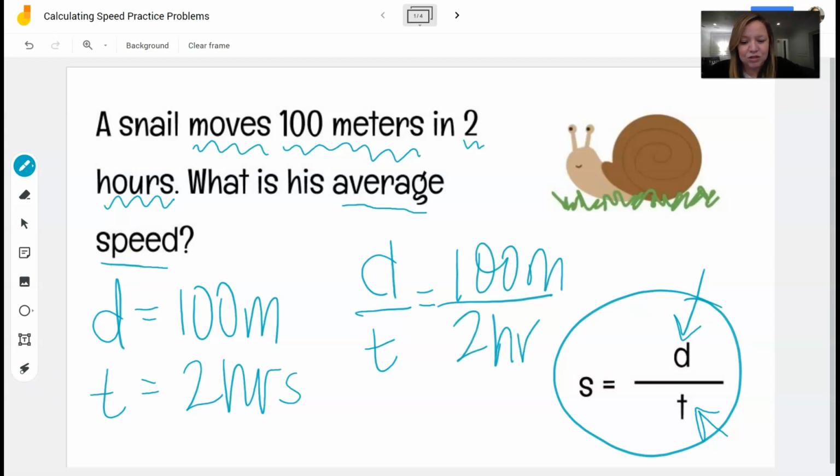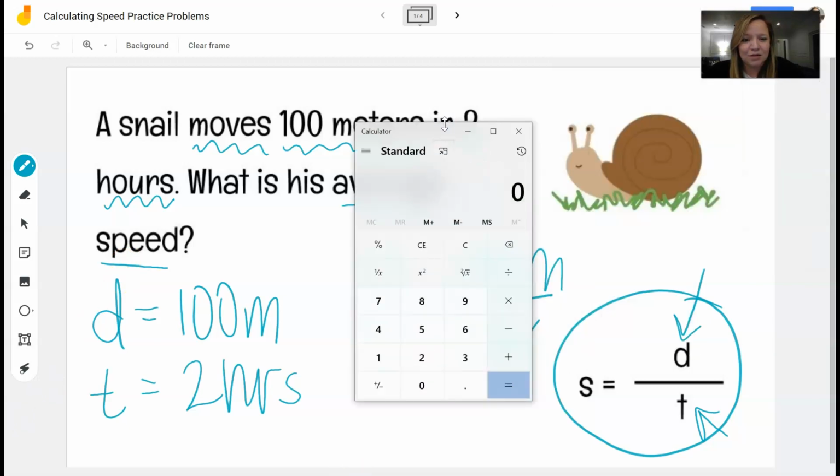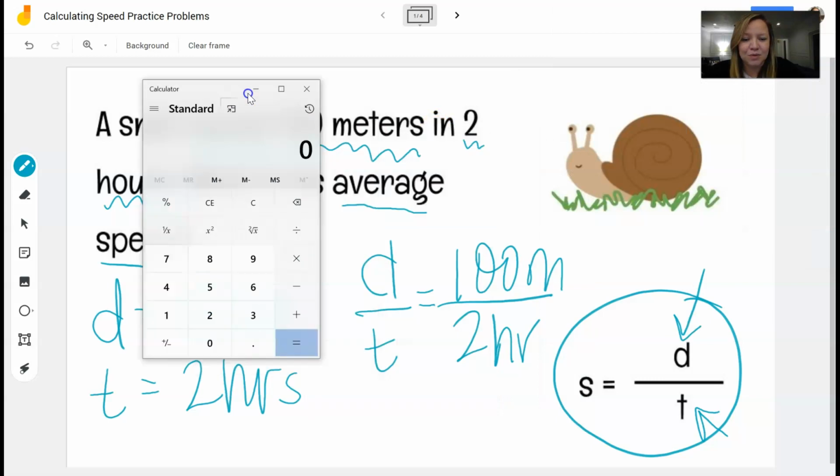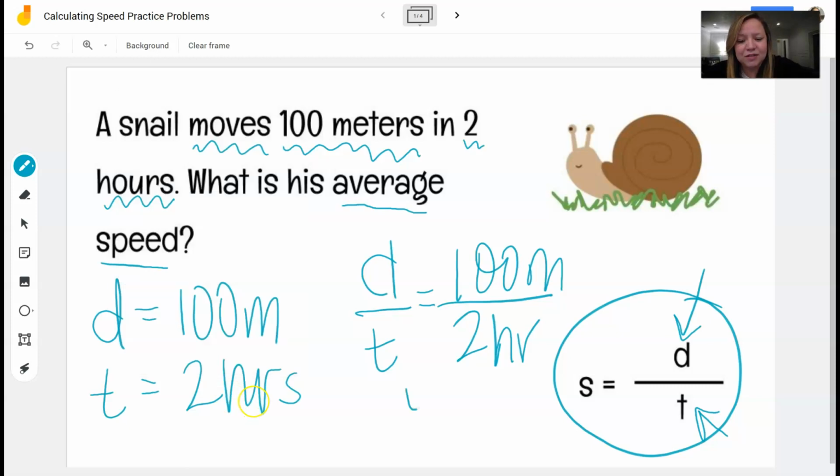I'm going to show you using the calculator, although this is pretty simple. 100 divided by 2 hours gives me 50, so my snail's pace is 50 meters an hour.